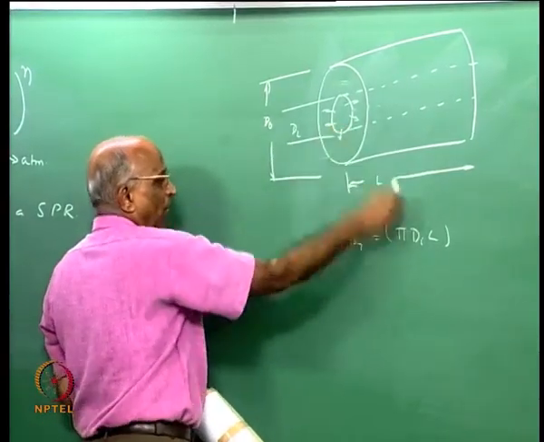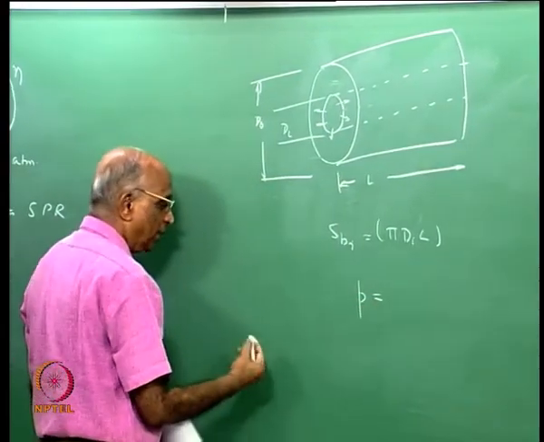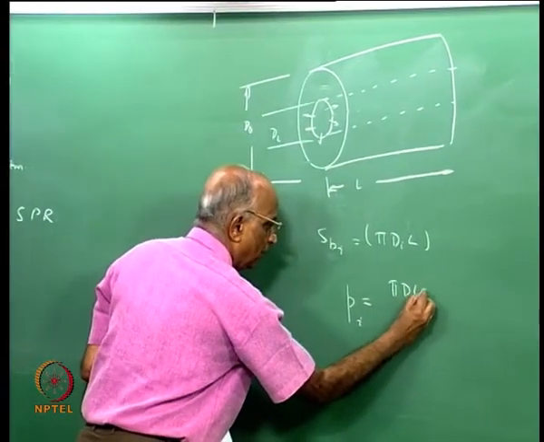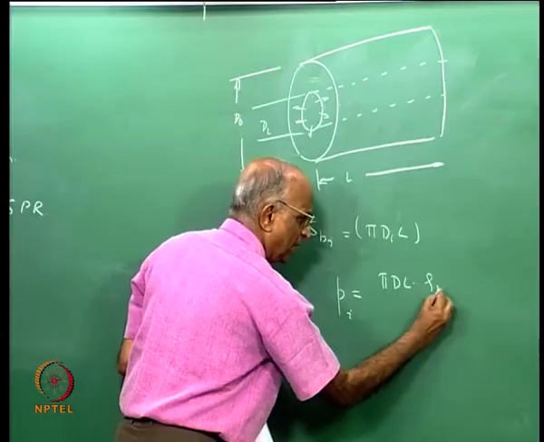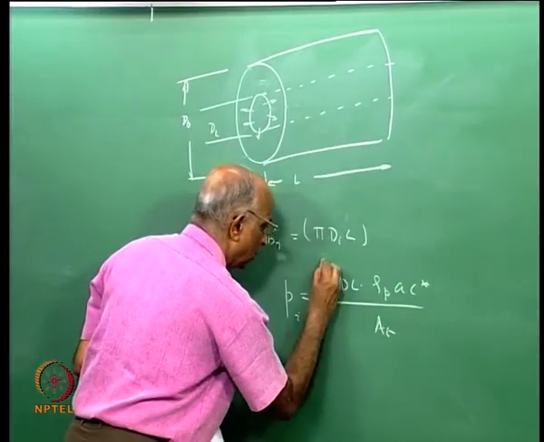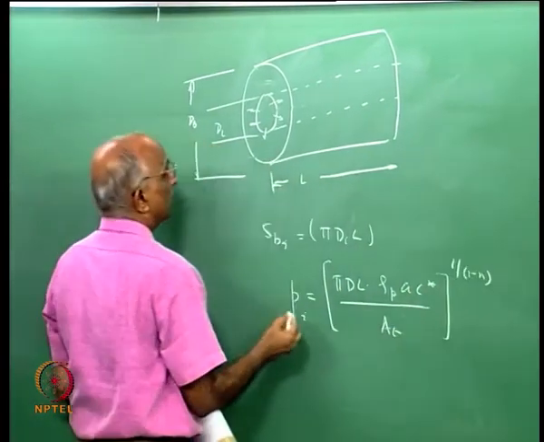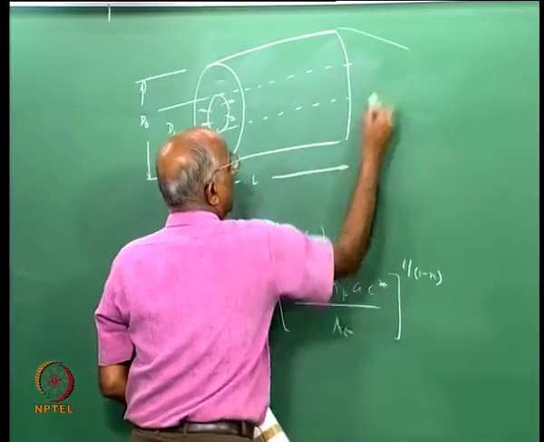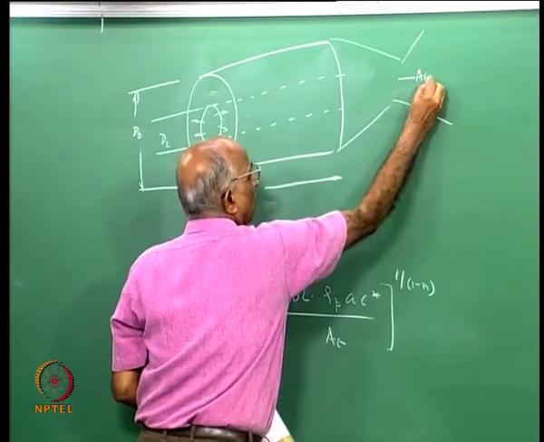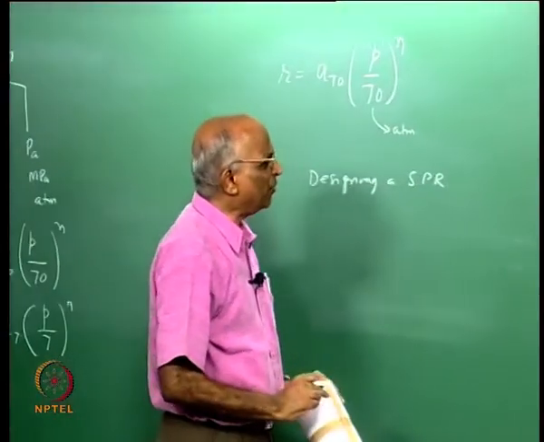It is equal to pi do into L. Therefore, the pressure equilibrium to begin with, Pi, is equal to pi di L into, again I have carry over, rho_p a c star divided by At, to the power 1 by 1 minus n. That means I am housing this in a nozzle. The throat area is equal to At over here, right. What is the change we have made?